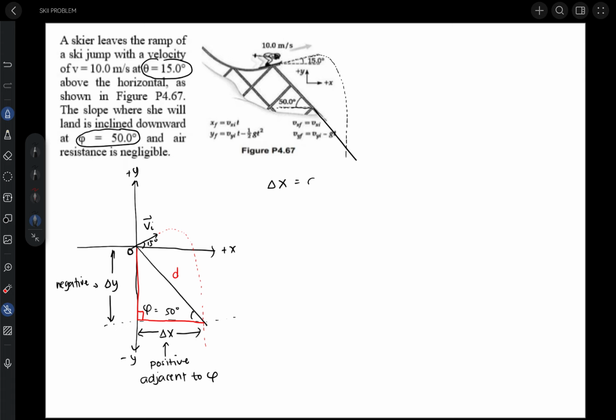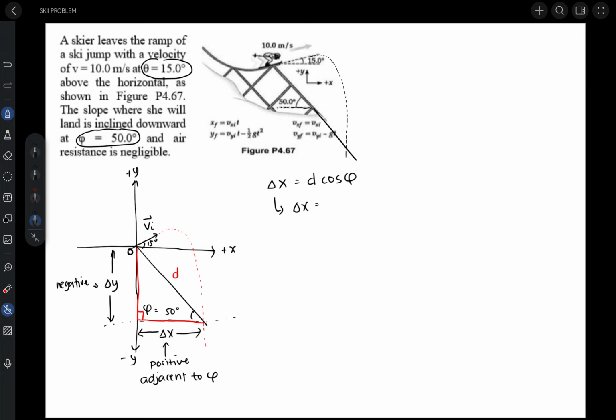So we'll have the hypotenuse d times the cosine of phi. Let's start with this one first. Where else can we see the delta x from? We know that delta x is also equal to, well, it's already here.